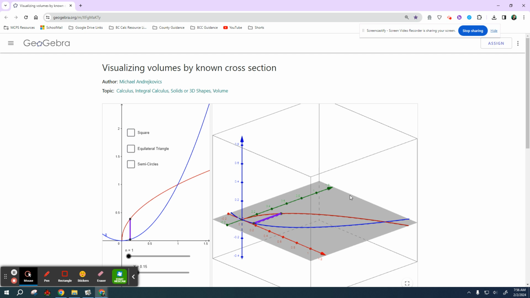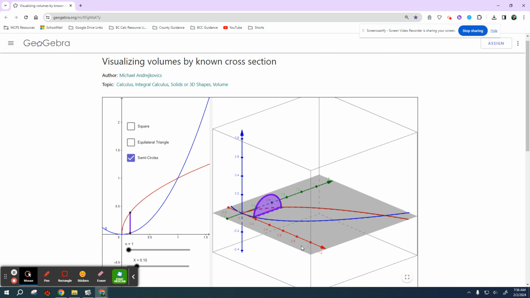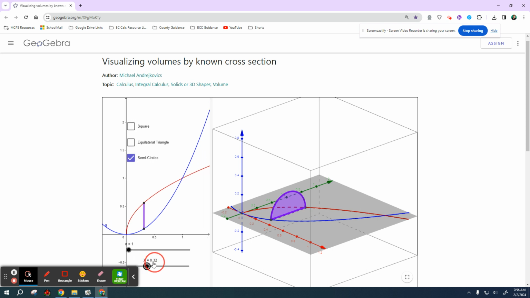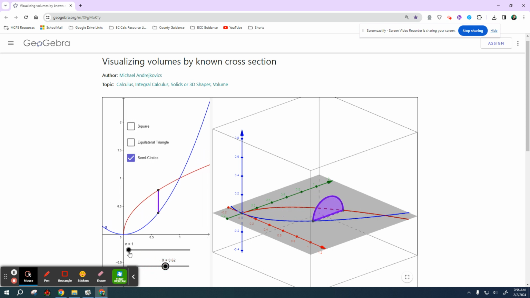Let's see, Preston, square, equilateral triangle, semicircle, pick one. Okay. So there's my one slice. And if I want to know the volume of the shape that's created by making a whole bunch of semicircles where the diameter goes from the red curve to the blue curve, it's going to look kind of like that.